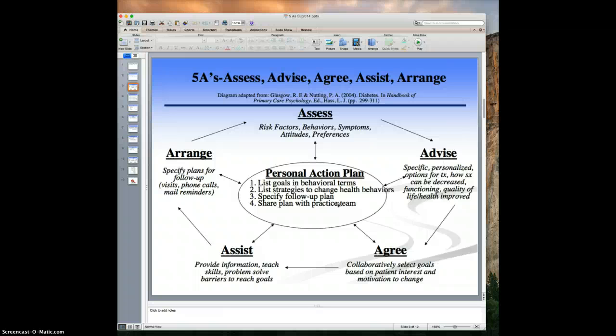And then your job as the practitioner is to advise them, specifically how you could tailor or personalize options for this patient over their course of treatment to help decrease their signs and symptoms. Essentially what you want to do is continuously gauge their overall functional component and their quality of life as they're moving through these different stages of the 5A's as well.